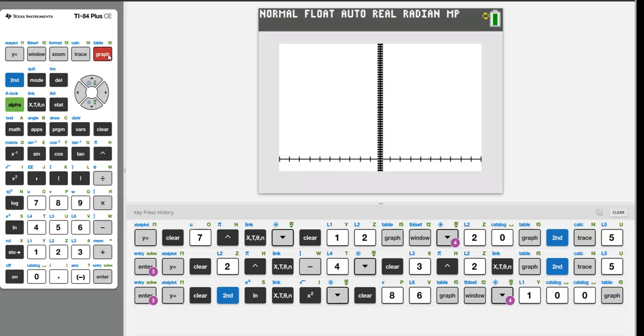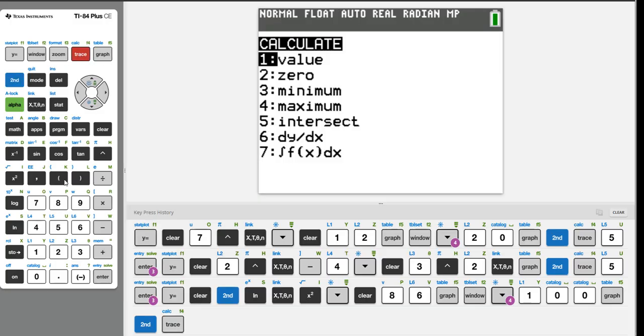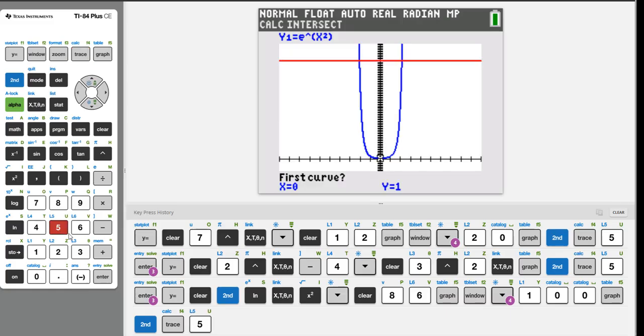Press graph. You can see two intersection points on this graph. Press second calculate. Select number 5, intersection. Press enter 3 times. This takes you to the intersection point on the right.